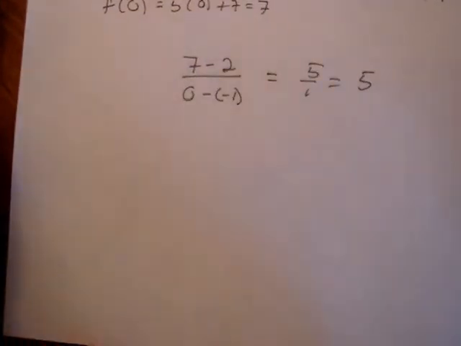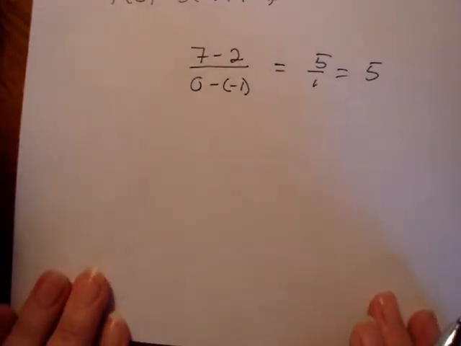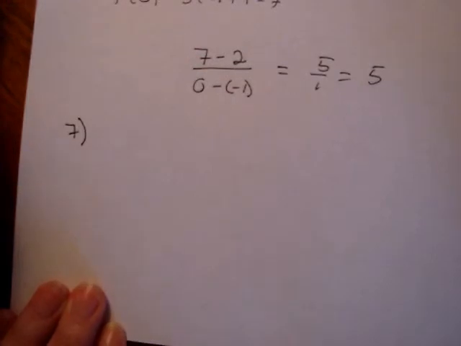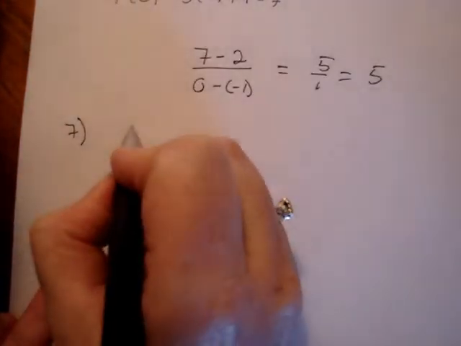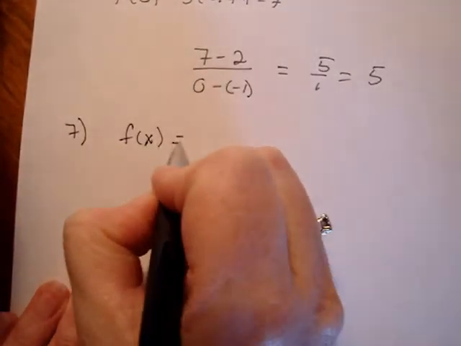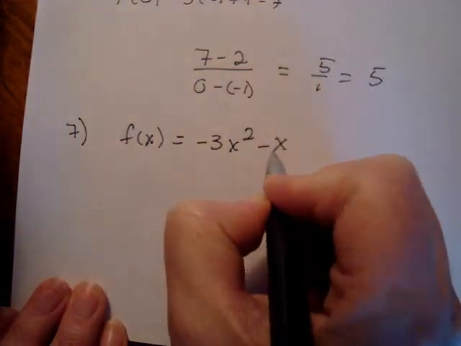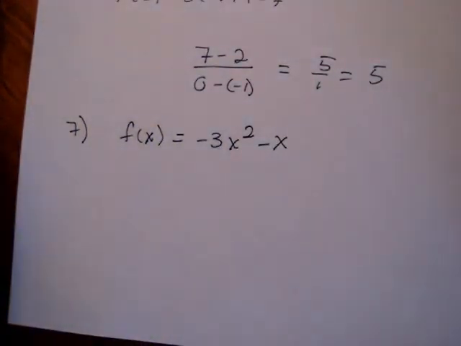Now, the reason we start calling it average rate of change instead of just slope is because of problems like number 7. This time, same instructions. Find the average rate of change between these 2 points. The function is not a line. Negative 3x squared minus x. That is a quadratic function.